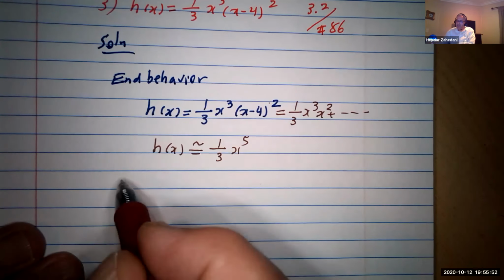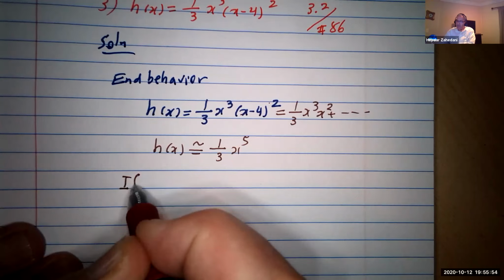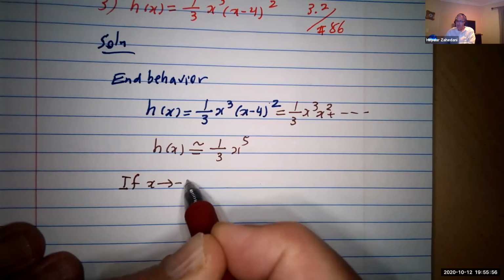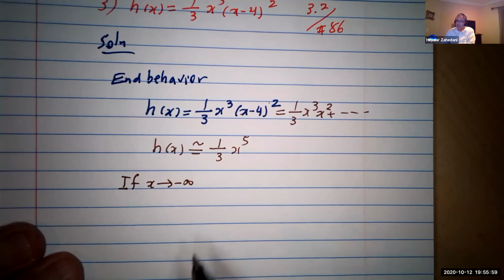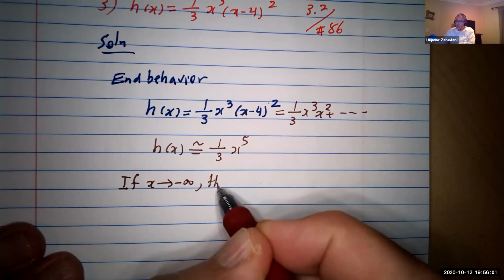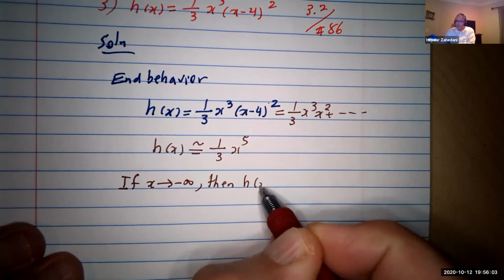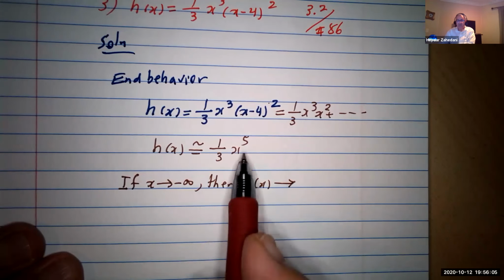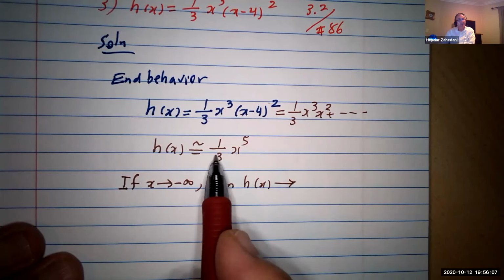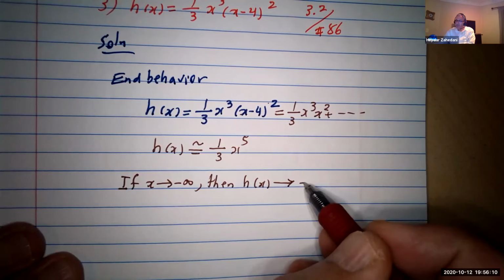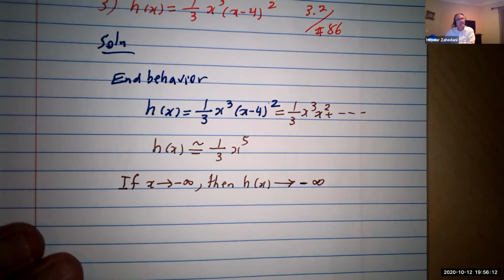Check the infinity. If x goes to negative infinity, you start from the left, and then check the signs. Negative to the odd power would be negative, and the 1/3 is positive, so that gives you negative infinity.